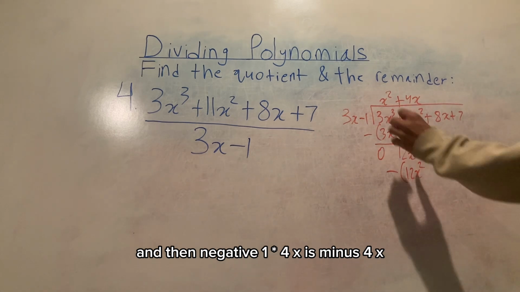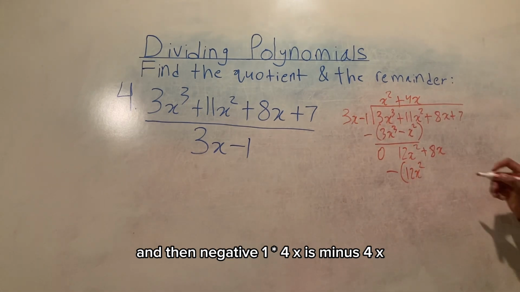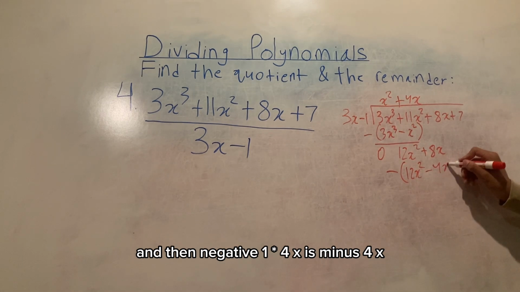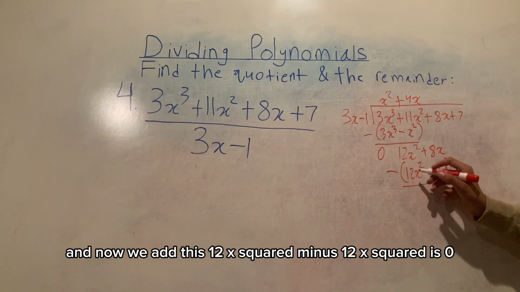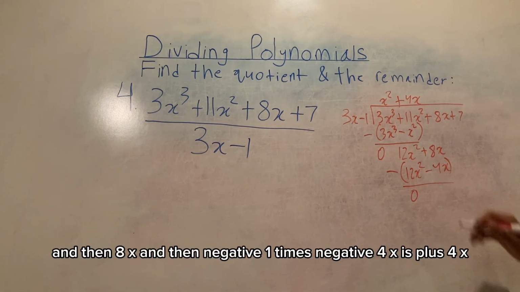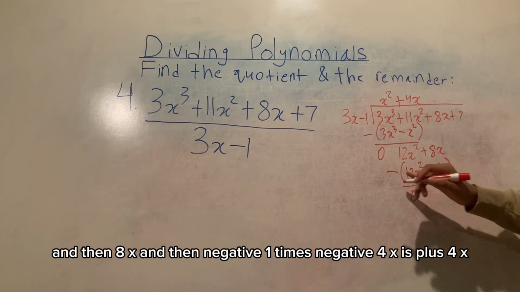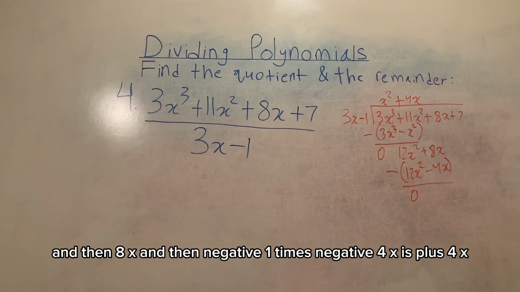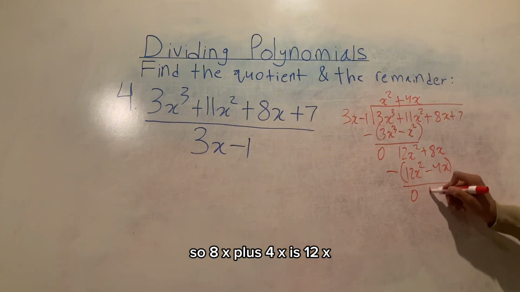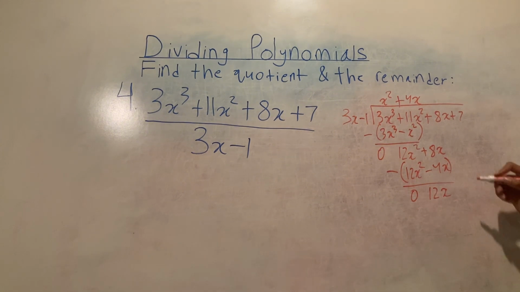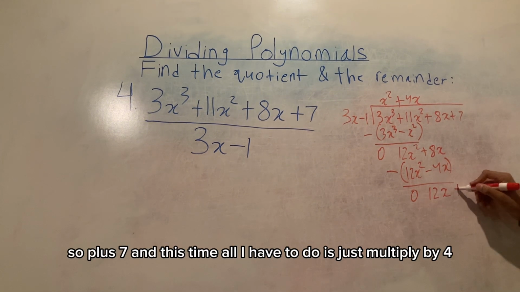And then negative 1 times 4x is minus 4x. And now we add this, 12x squared minus 12x squared is 0. And then 8x, and then negative 1 times negative 4x is plus 4x. So 8x plus 4x is 12x. And now we can pull the 7 down, so plus 7.